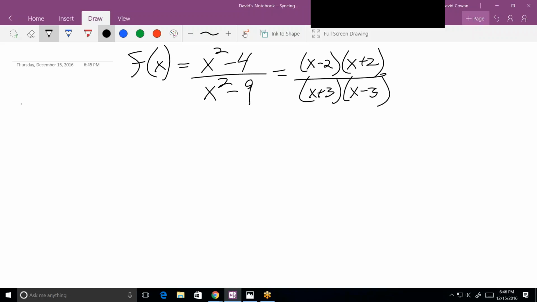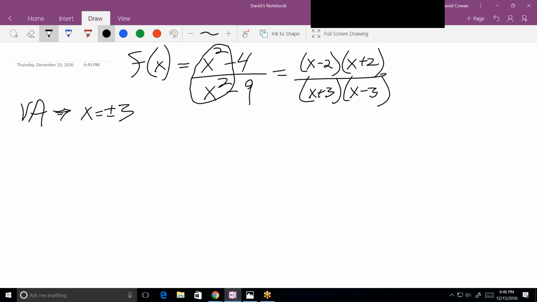Now, vertical asymptotes. Where? X equals plus or minus 3. Good. What else did they want? Horizontal asymptotes. Horizontal asymptotes come from the highest degree only. I don't care about the minus 4 or the minus 9 or anything else.